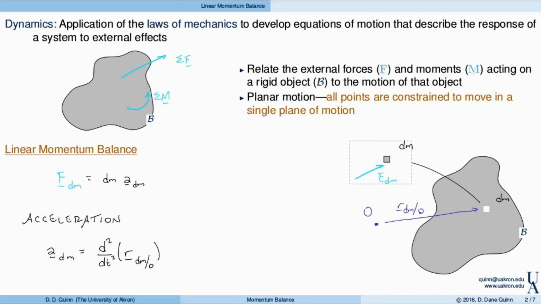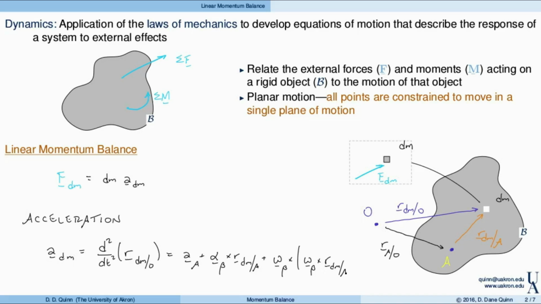So we're going to write this acceleration in terms of another point fixed on the object, which we'll call A. Then we have the position of A with respect to O, and the position of dm with respect to A. So this acceleration is the acceleration of A plus the angular acceleration of the object itself cross r dm with respect to A plus omega cross omega cross r.